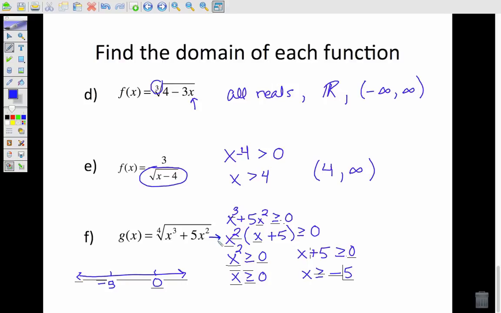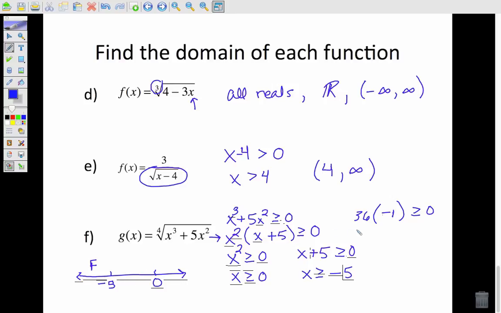Negative 6 squared, so we have 36 times negative 6 plus 5, negative 1. Is that greater than or equal to 0? True or false? That's false, okay? So my solution is not over here.